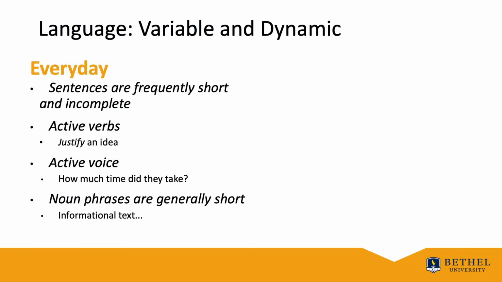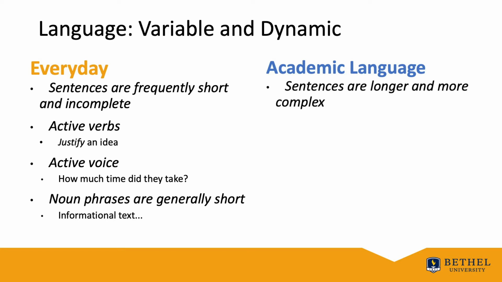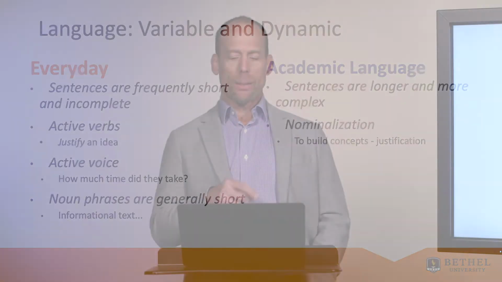Language is variable and dynamic, and as it pertains to academic language, we should think about things such as the sentences. They will undoubtedly be longer and more complex. The fact that in academic language we use something called nominalization. So instead of saying justify your answer, we say provide a justification, right? Or let's describe that in a concept.